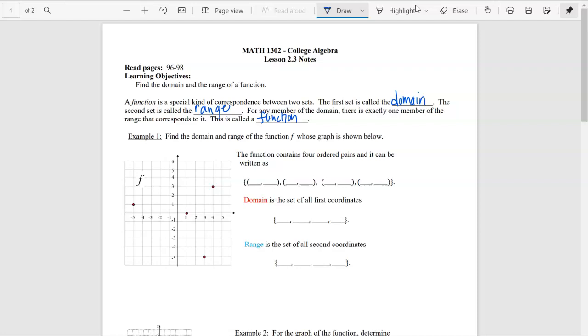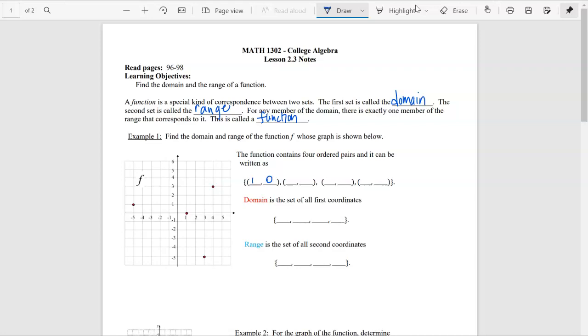Okay, so this says find the domain and the range of the function f whose graph is shown below. So the function contains 4 ordered pairs, and we're just talking about the entire function right now. Remember we talked about walking on the elevator, so this point would be 1, 0. It doesn't really matter what order we put these in.